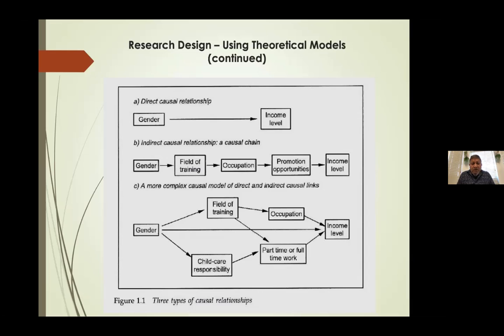In which gender may affect field of training, which may affect occupation, or whether it is part-time or full-time work, and income level. Or gender may affect because you consider issues of child care responsibilities, right? And then how that actually leads to part-time or full-time decisions. It may also lead to issues of income level.